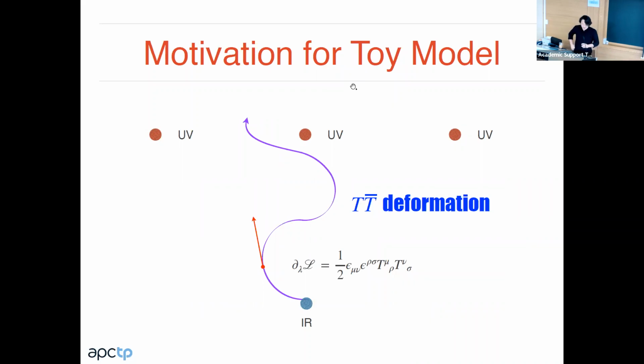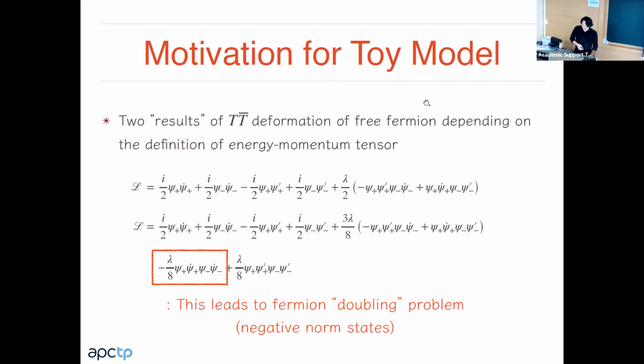In that paper, our motivation is TTbar deformation. We consider some kind of irrelevant deformation from the IR to the UV, following a flow equation. Then there are two results, depending on the definition of the energy-momentum tensor.